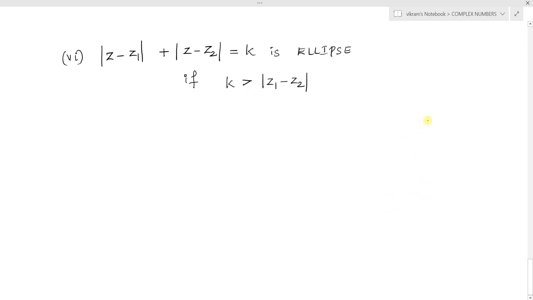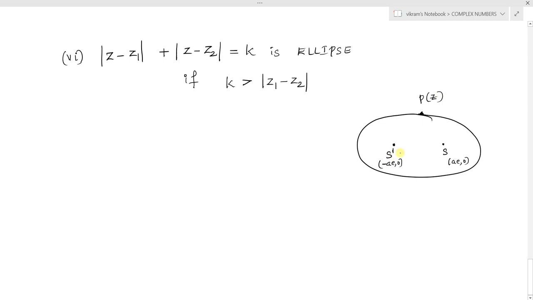We know that in an ellipse we have two foci, that means focal points, S' and S. Generally S is represented by (ae, 0) and S' by (minus ae, 0), and we are considering a point P represented by complex number z.